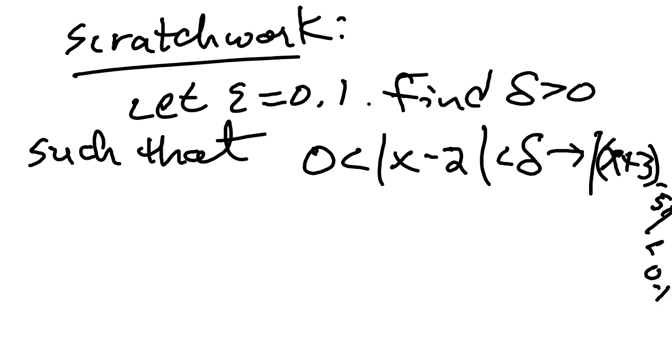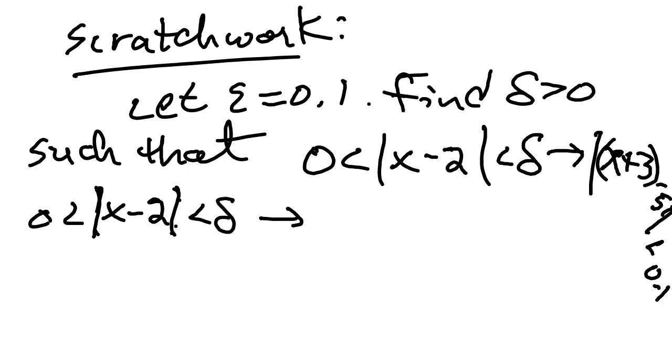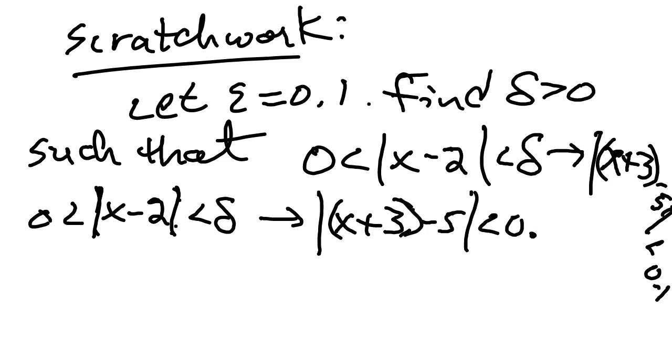So I'm going to rewrite this down here. 0 is less than the absolute value of x minus 2 is less than delta. I need to find that delta. It would imply or guarantee that the absolute value of f of x minus L, which is 5, is less than 0.1, because that was given.